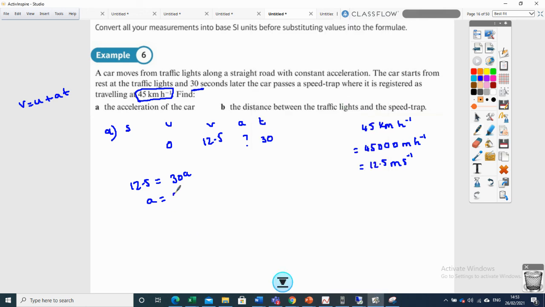That's 0.42 to two significant figures, meters per second squared.